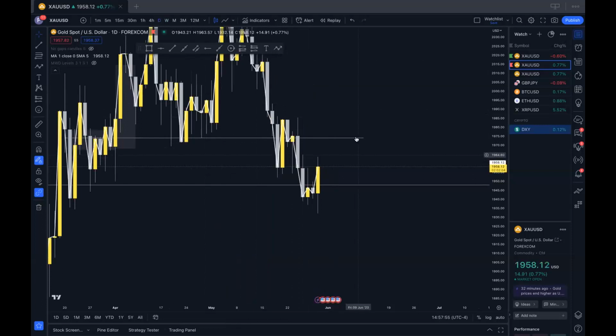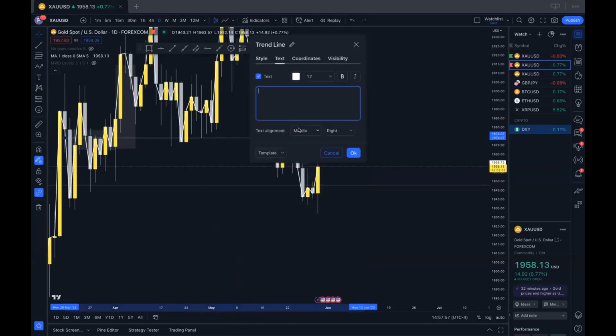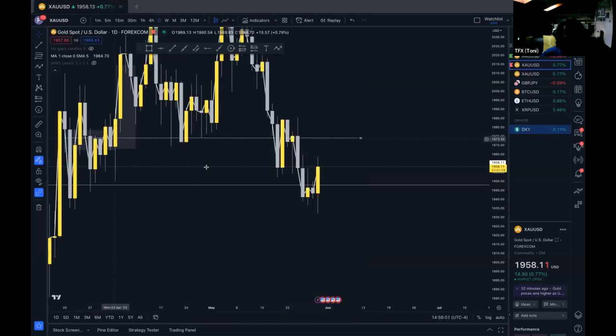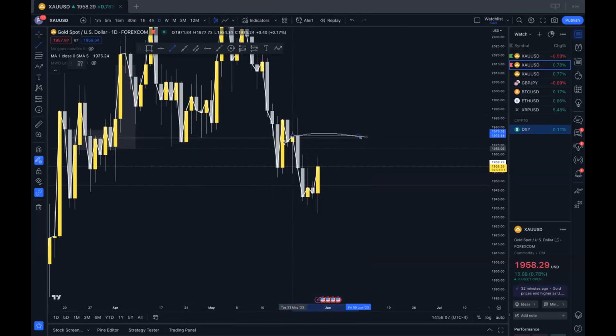Okay, so this is weekly. And yes, you also have here at this level a classic daily SNR, and also a type 1 drop decision. That's what it's called, drop decision, okay? This engulfing is a drop decision.